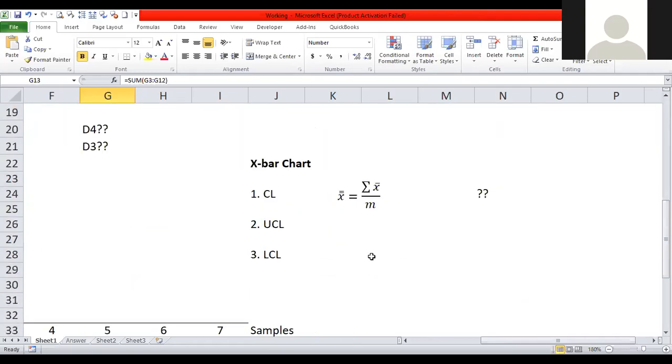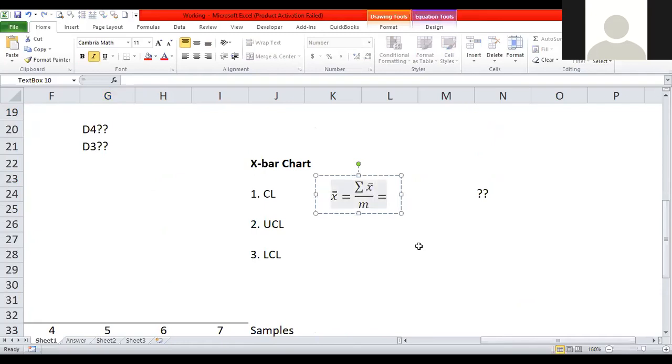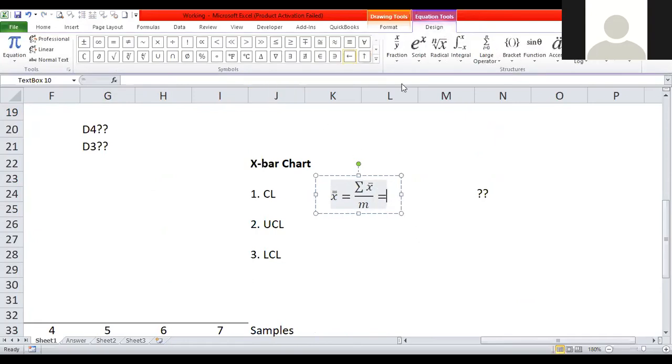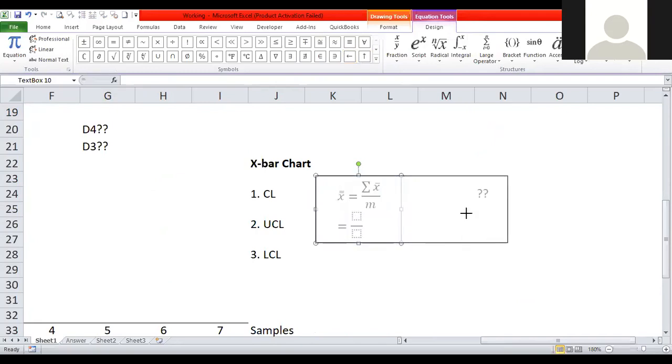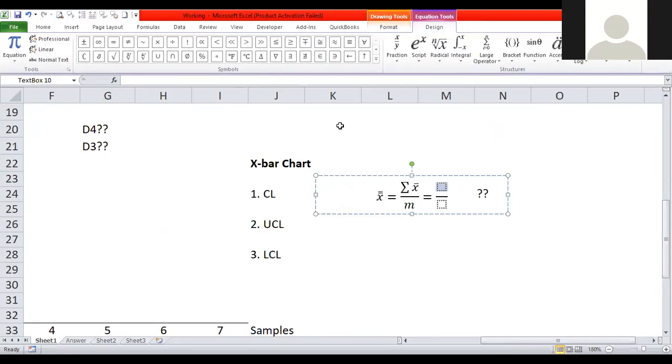That should be divided by the number of samples.